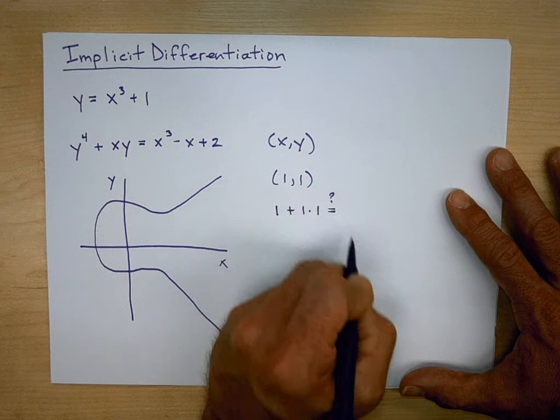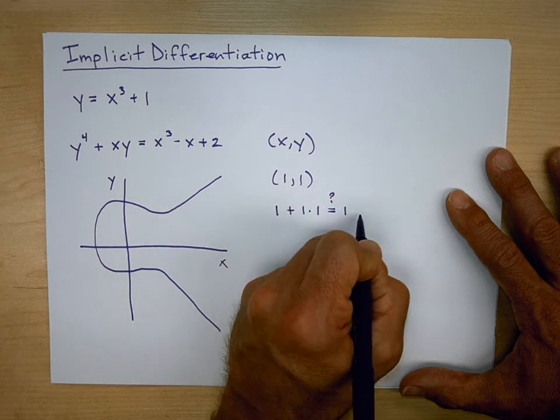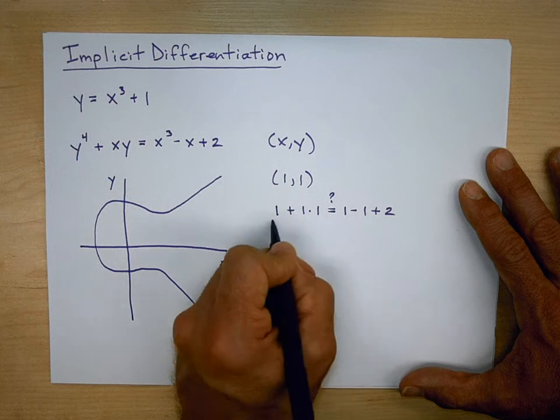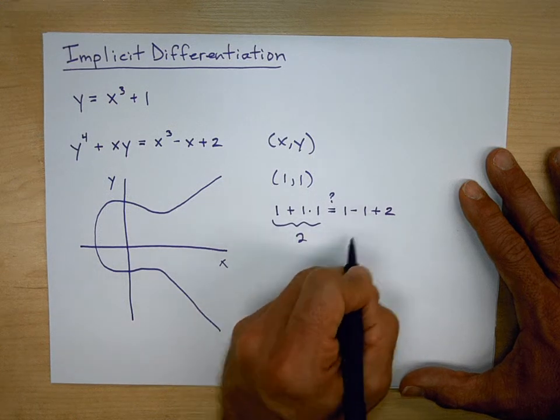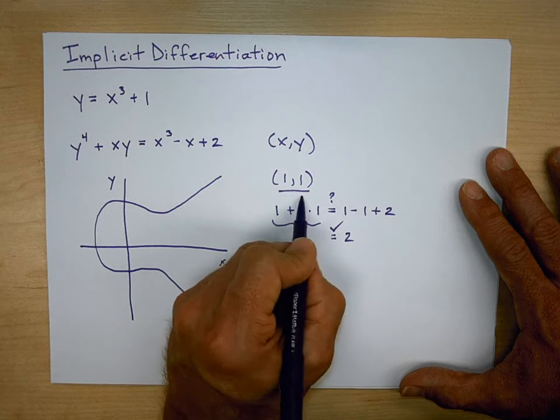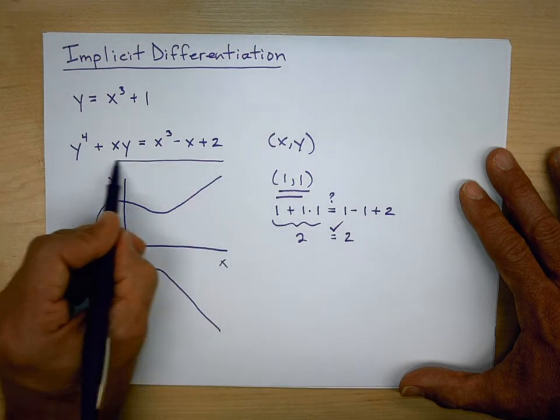Does that equal 1 cubed, which is 1, minus 1 plus 2? Well, that is 2. So yes, the point 1, 1 is on this curve.